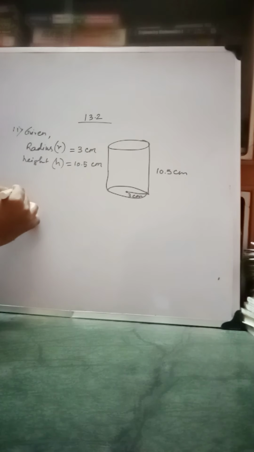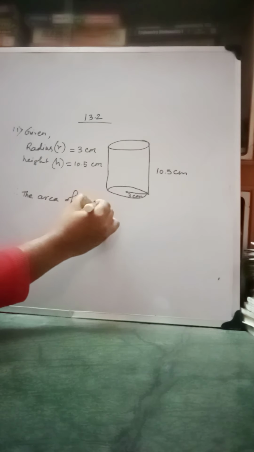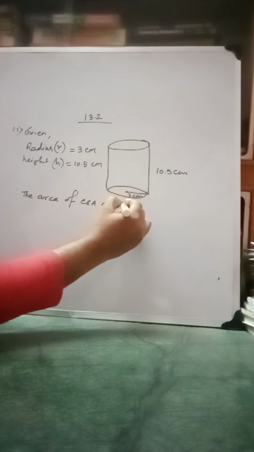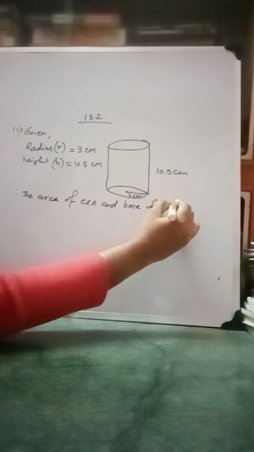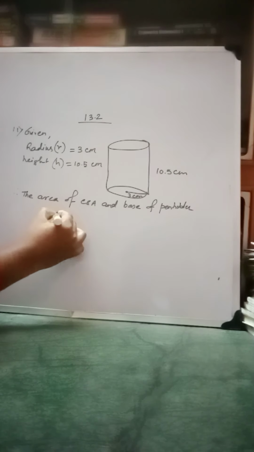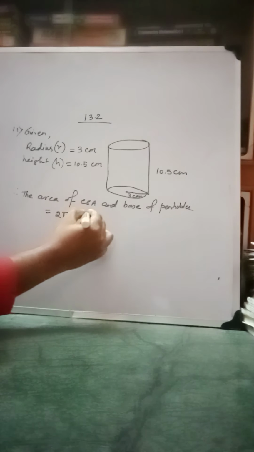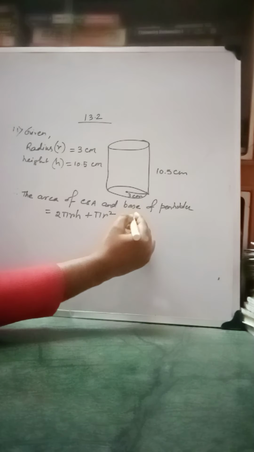So therefore we can say, the area of CSA and base of a pen holder equals to, we can write the formula, CSA formula is 2 pi RH and base means it's a circle, so pi r square, that square unit.